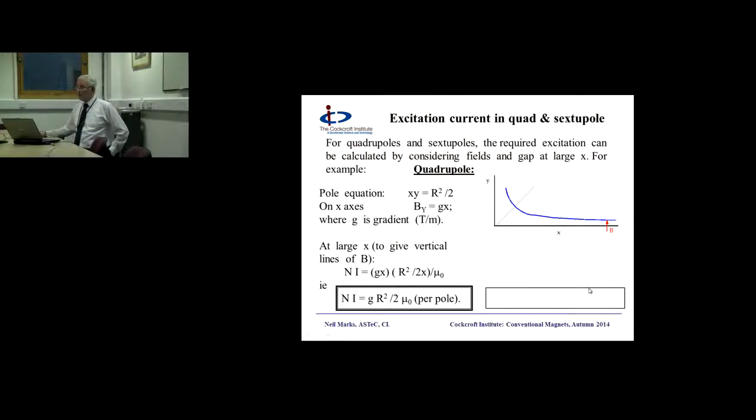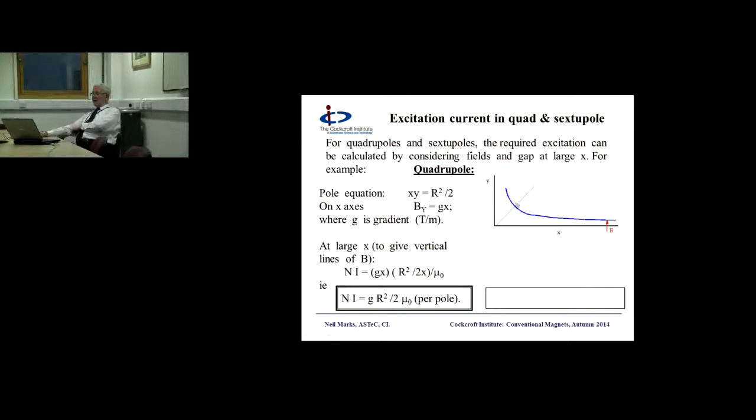If we now go to a quadrupole and the sextupole as well, how are we going to work out the ampere turns that will be needed in the quadrupole? Well, we're going to take a mathematical concept of a very big quadrupole.